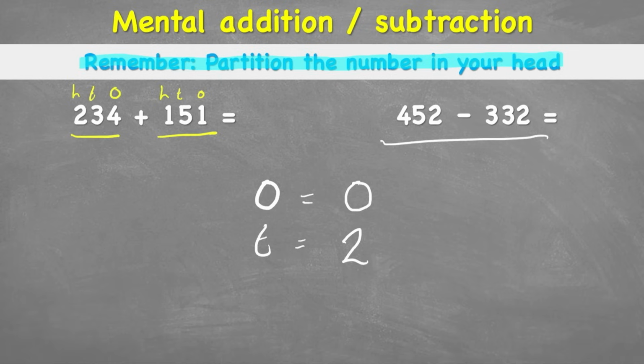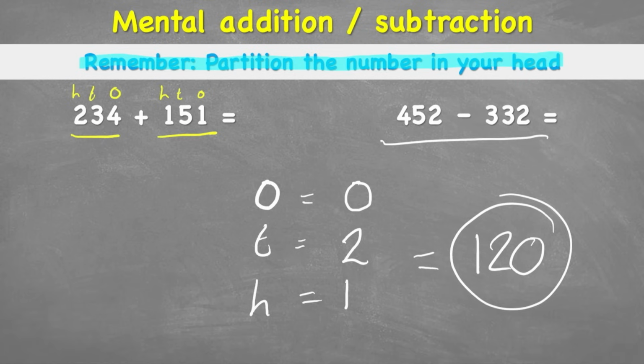And lastly, my hundreds, 400 subtract 300 is going to leave me with 100. So my answer is 120. So the simple method is just to break the number down in your mind, but remembering to start from the units. But why must we start from the units?